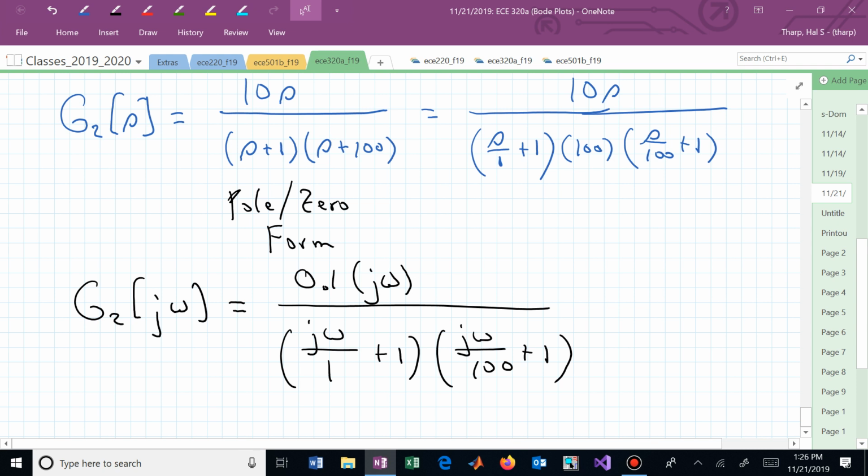What's small frequency for this particular example? 0.1. We actually have a 0 at the origin that's always on in terms of its magnitude behavior. But the breaks, we just have 2 breaks.